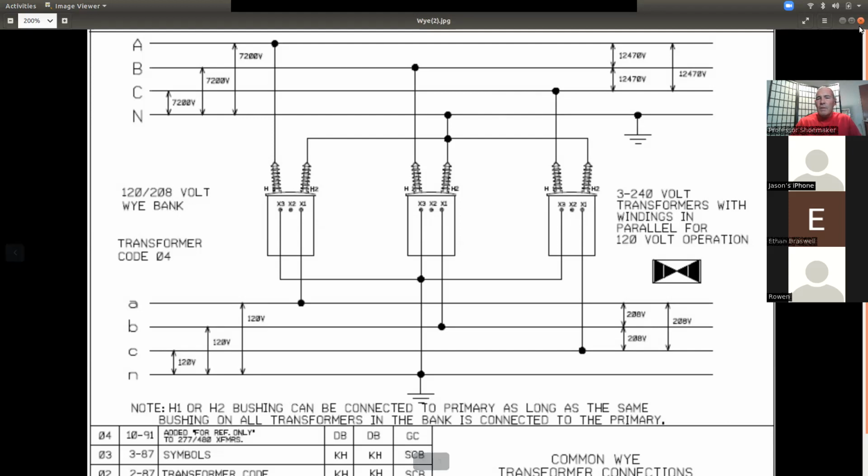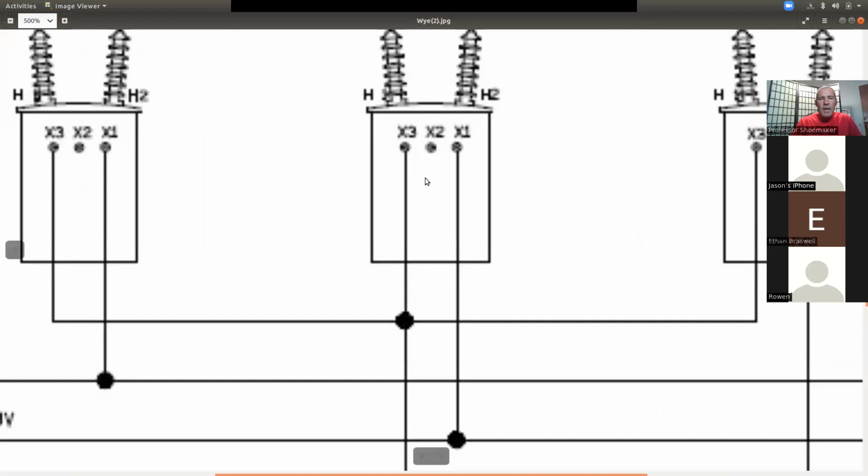So anytime you have a Y bank, you're going to disconnect that X2, like we were talking about. Let me zoom in on this. The transformer is going to come from the factory with 3 bushings. It's going to come from the factory with A, B, C, and D leads on it.